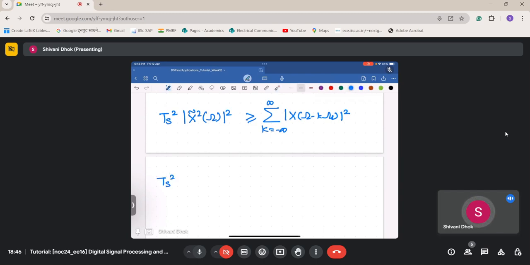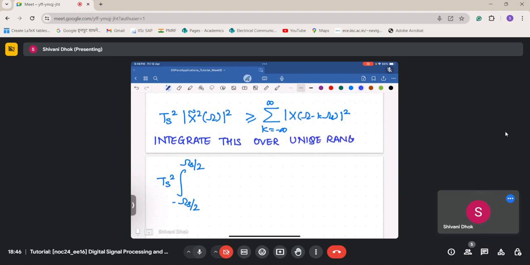So this Ts square into integral from minus omega s by 2 to omega s by 2. We'll integrate this over the unique range of omega.